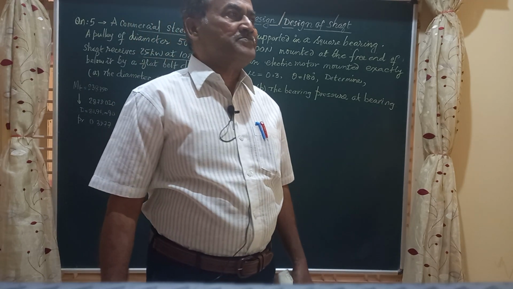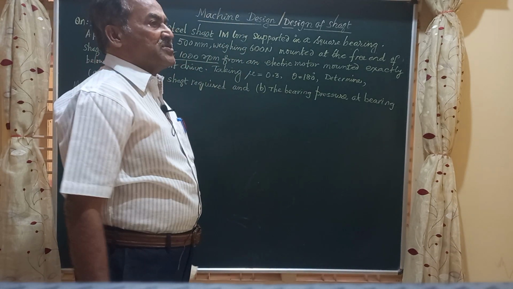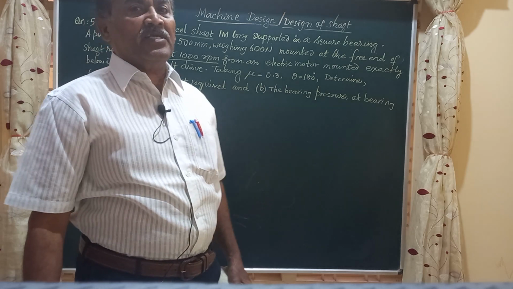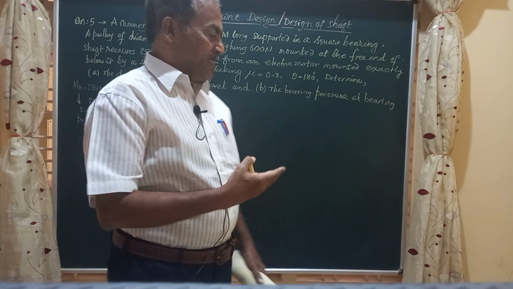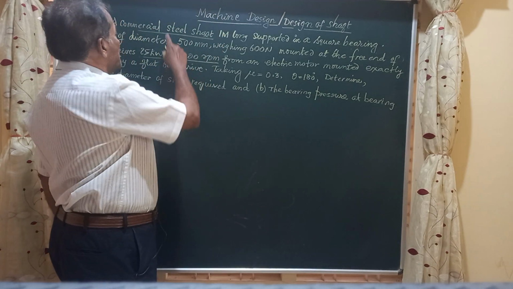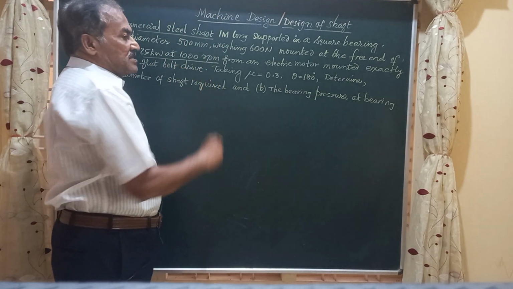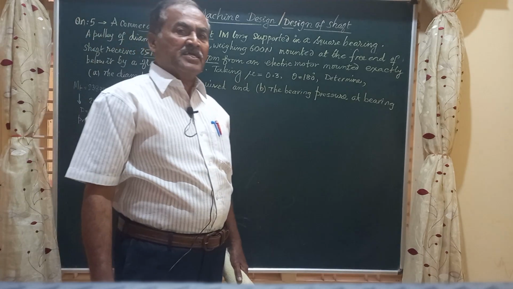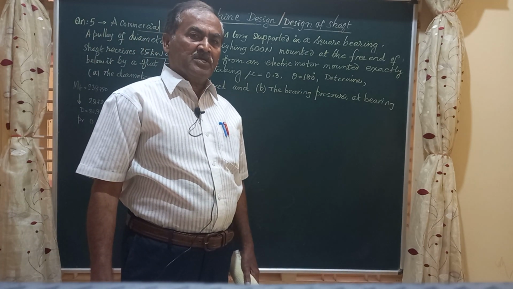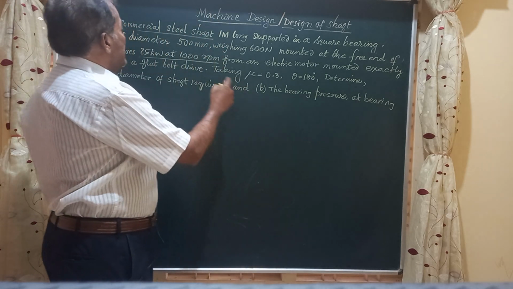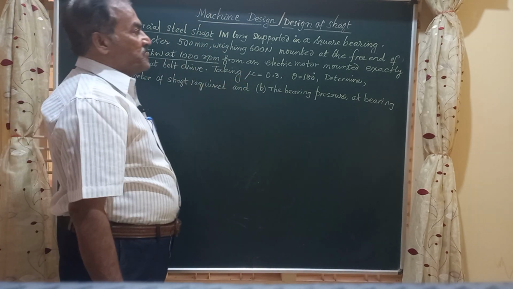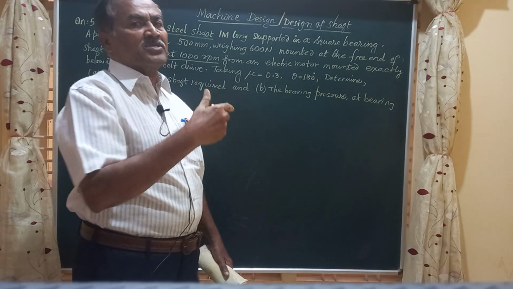Here in this question, first of all, we have to see what are the loads coming on the shaft. So it's a clear indication that the shaft is transmitting power at some RPM. This indicates there is MT in the shaft, or the torque in the shaft. And then there is a pulley of some dimensions given.